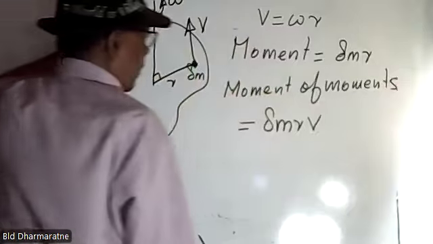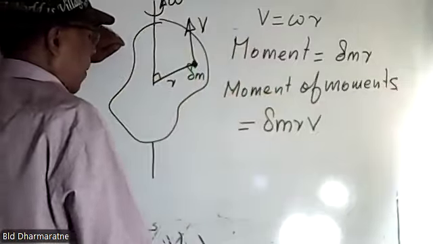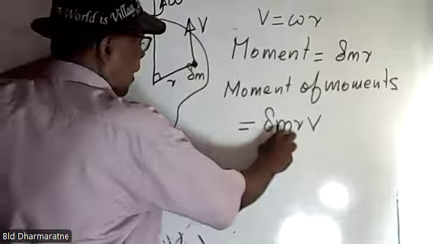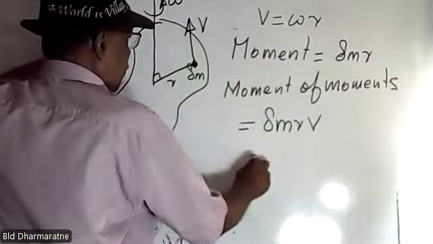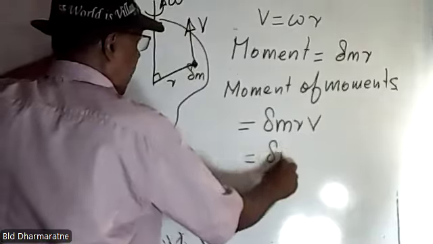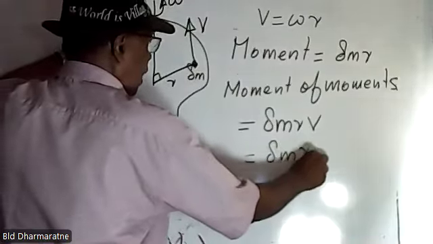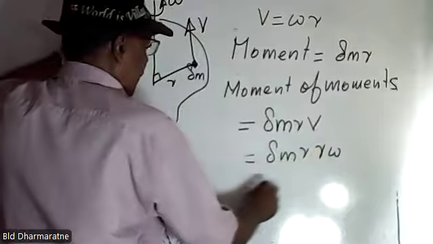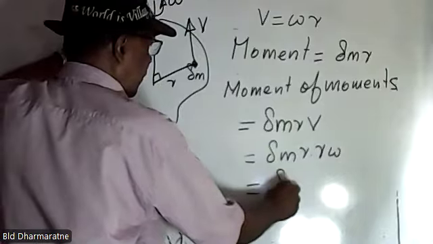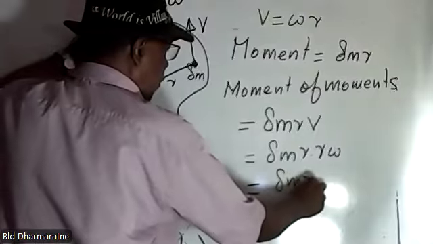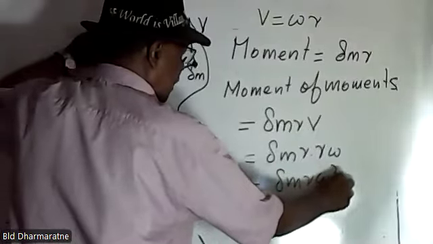Delta m r v, but v equals omega r, so we substitute: delta m r into r omega, which is delta m r squared omega.